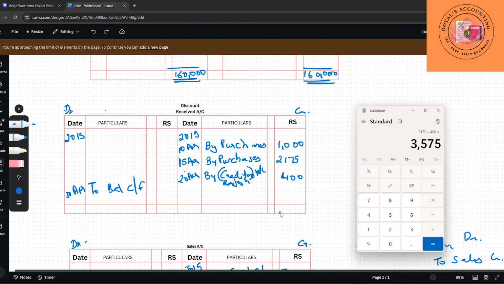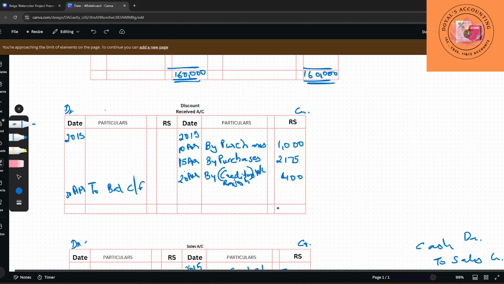So your total will be 3,575, which is also your closing balance or balance carried forward. 3,575, 3,575.